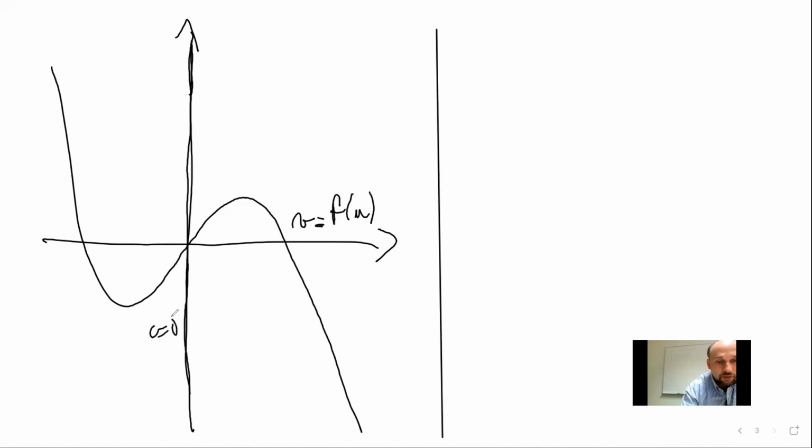So here, when v is less than f of u, I have u t, which is positive. And because of the epsilon, the trajectories look like that.